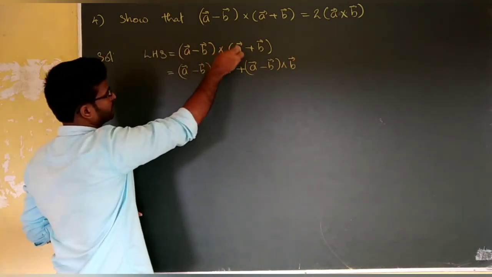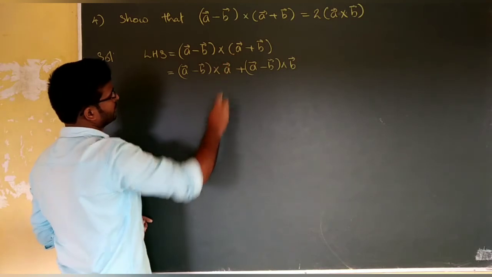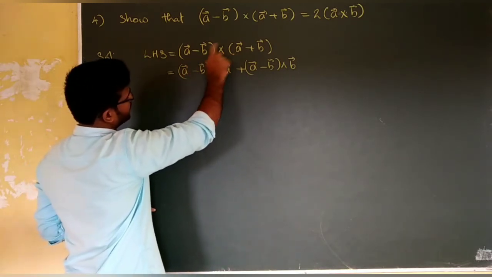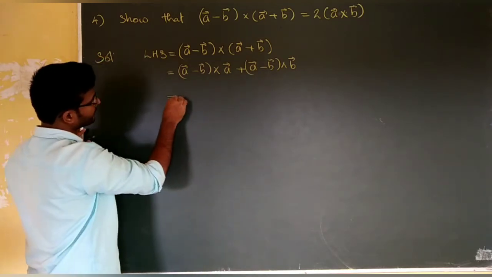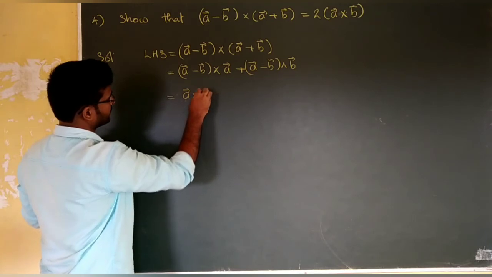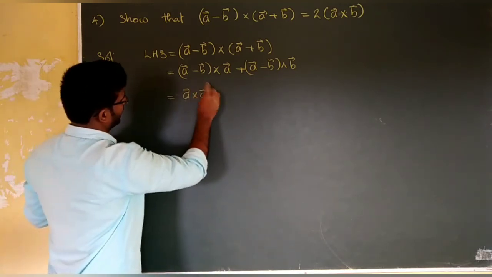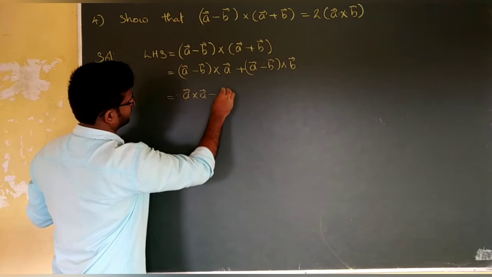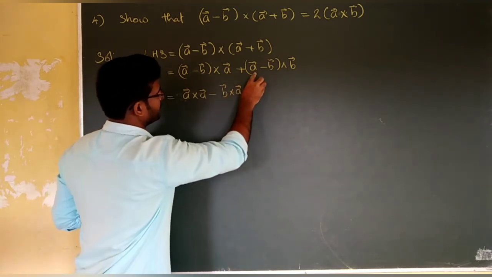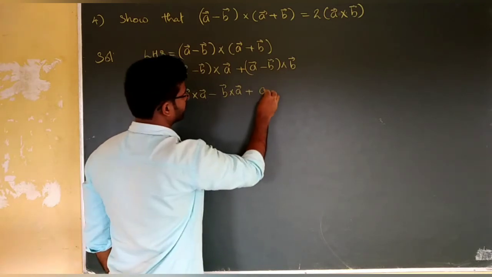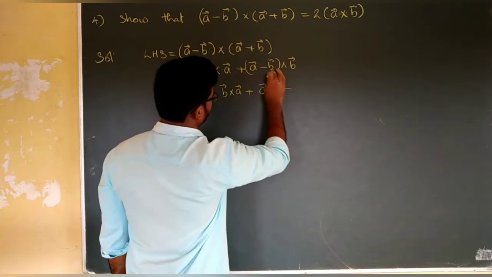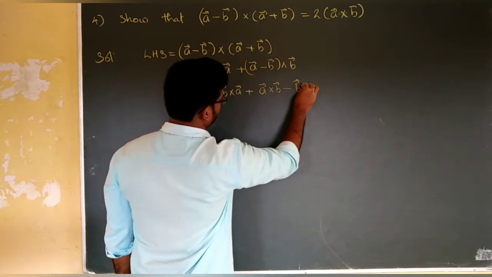Taking the cross product with the first term, then again A minus B with the second term: A cross A, next minus B cross A, plus in here also A cross B, minus B cross B.